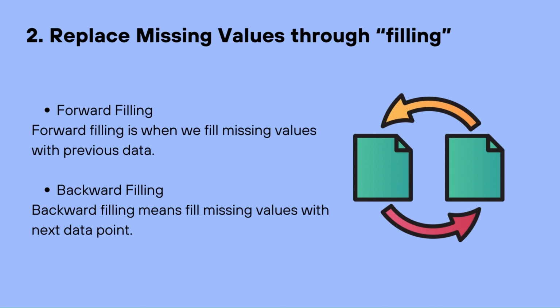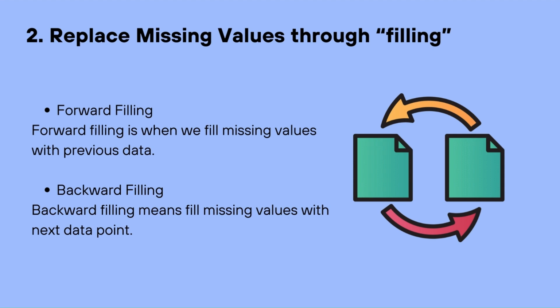So essentially, if we have a null value, it goes backwards in the column to the data points prior and takes the most recent data point that wasn't a null value and keeps it where the null value is right now. While backward filling is the exact opposite, because it takes the value after it, the most recent or closest data point after it that is not a null value, and essentially fills that missing value with it.